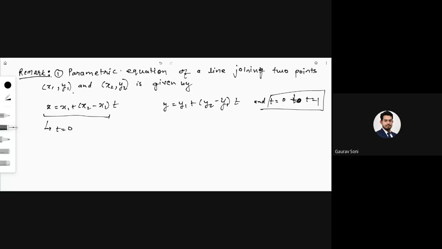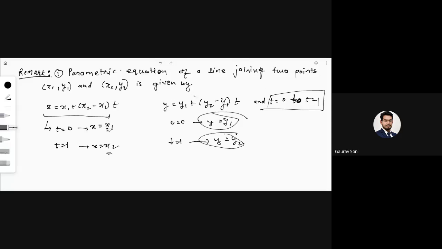If you put t equal to 1, x1 will get cancelled out and we get x is equal to x2. So you will start from x1 and end at x2. Similarly, in y, if you put t equal to 0, you will get y is equal to y1. If you put t equal to 1, you will get y is equal to y2.